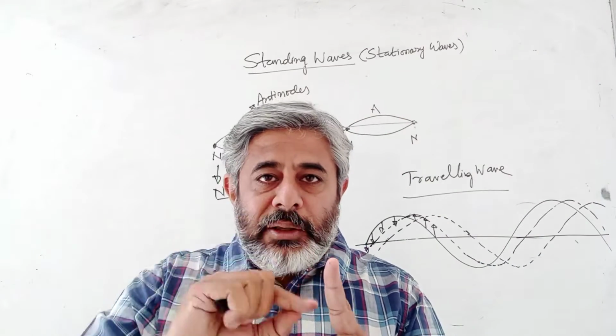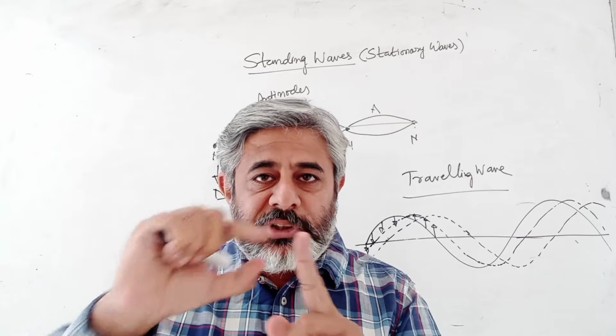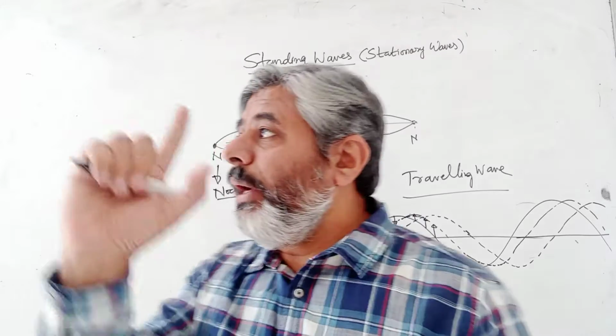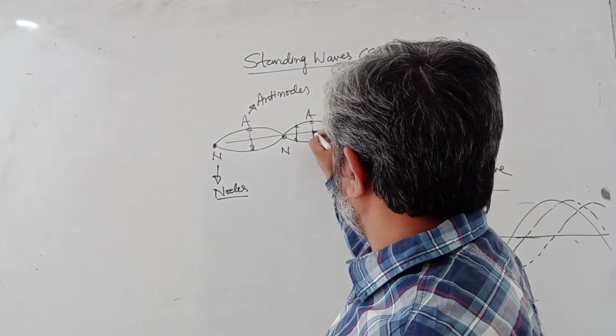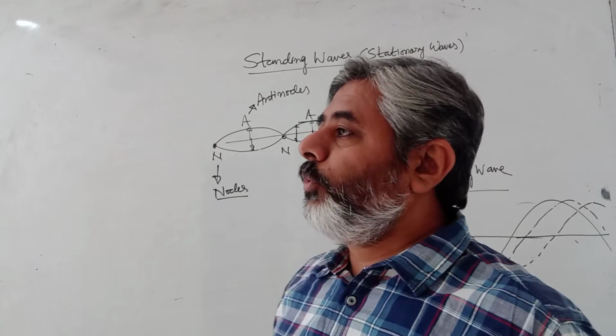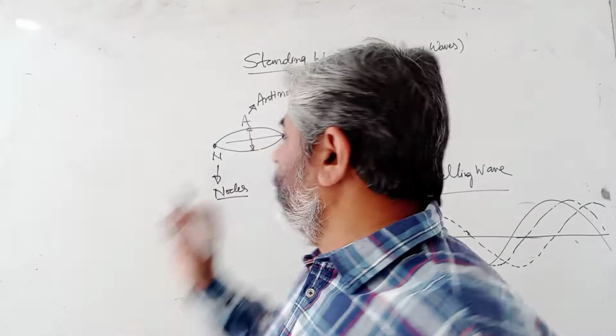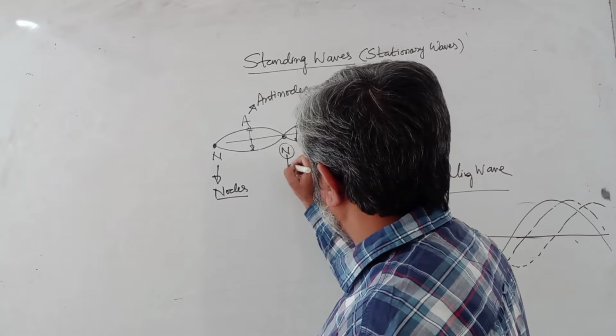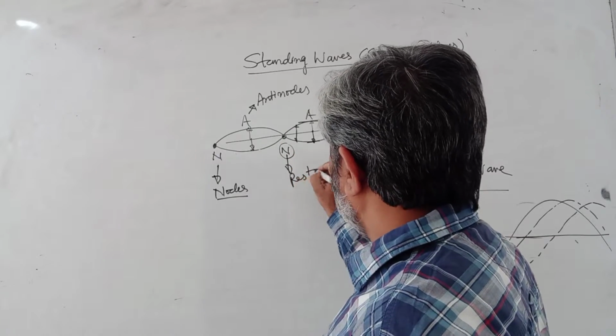This particle is oscillating between these extremes, this one between these extremes, and this one between these extremes. So this is the maximum amplitude. These points have maximum amplitudes and these points are permanently at rest. They are not moving at all.